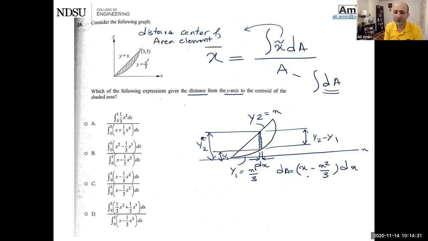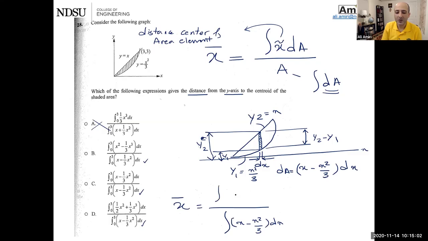So can we already pick our choice yet or no? This one is okay. This one is okay. This one is okay. There's too many of them, so we know for sure this is not going to be the case. I think we've got to figure out the top part too. The top part has an x tilde in it, and the bottom part is going to be x minus x squared over 3 dx.